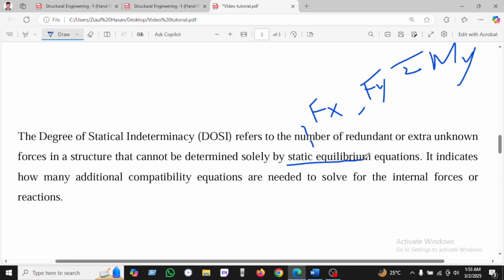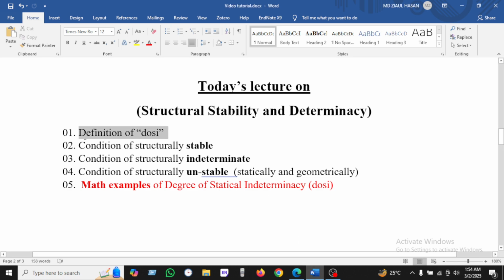This is the statical equation. It indicates how many additional equations are needed to solve the internal forces. Okay, so these are completed.